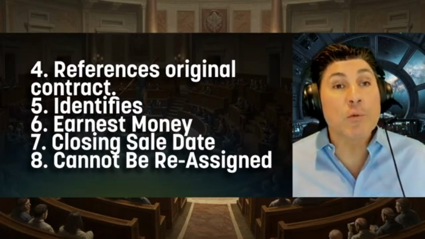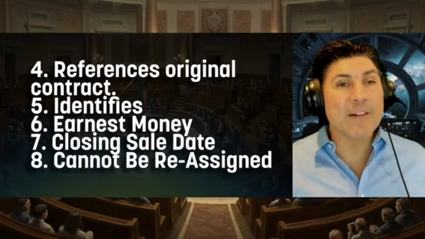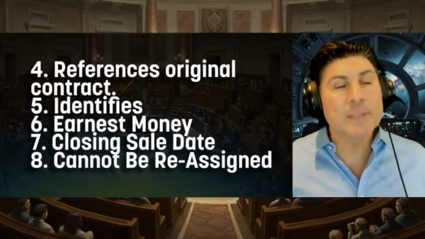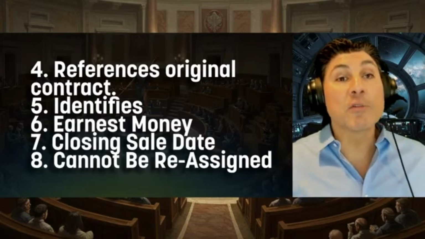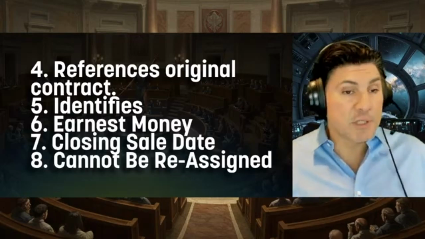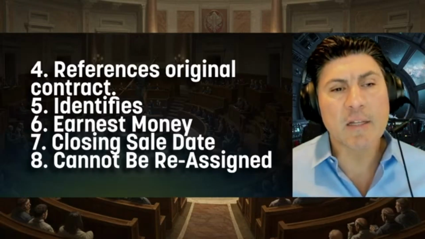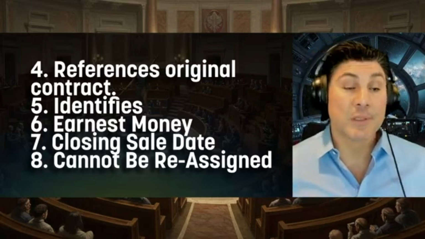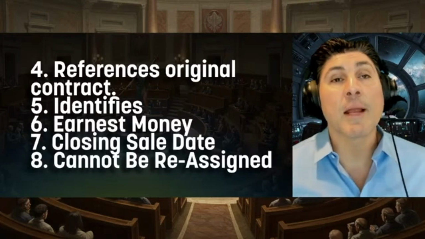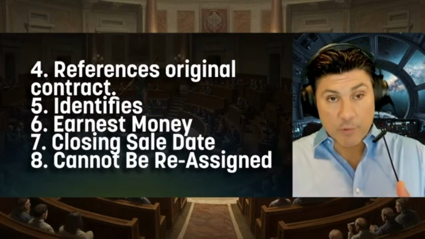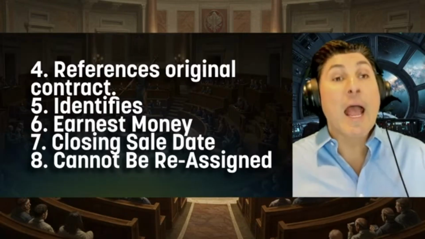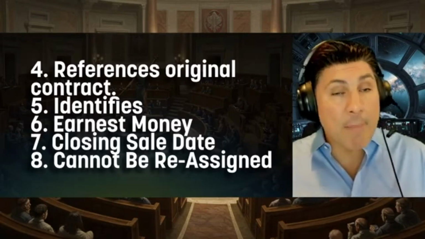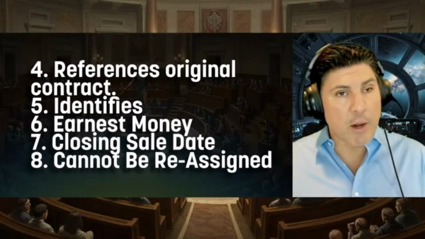And if the two aren't associated with one another, then you're not really assigning the contract, and the buyer cannot assume the responsibility of closing that deal for you, or for themselves. It identifies this original seller, identifies you as the original buyer, identifies the new end buyer who is going to be purchasing the property.